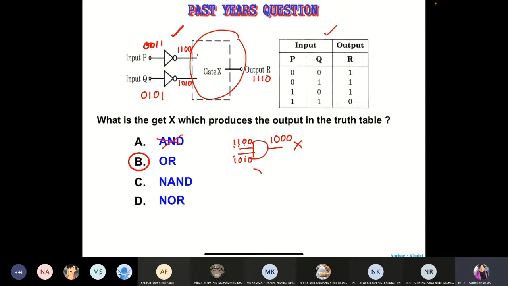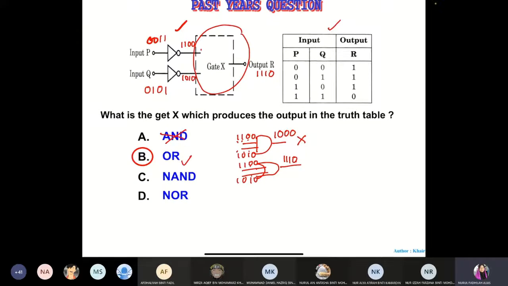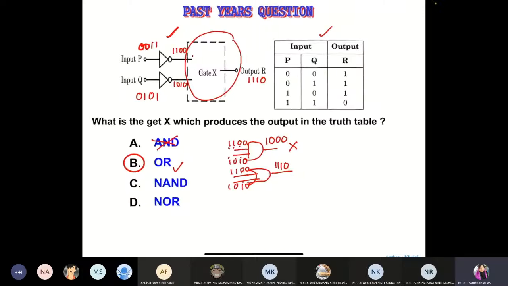So if we have OR, 1100, 1010. If OR, 111, 100, 01. I reversed it. 01 is also 1. And 00 gives 0. So OR is the answer. Can you follow? What about NAND earlier? NAND is this one.